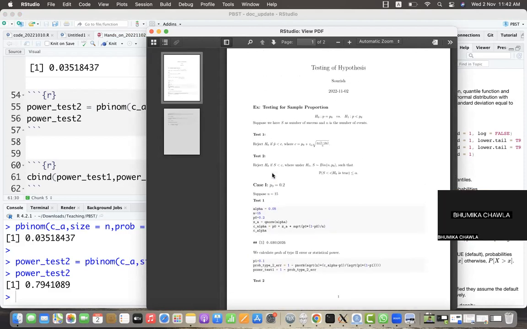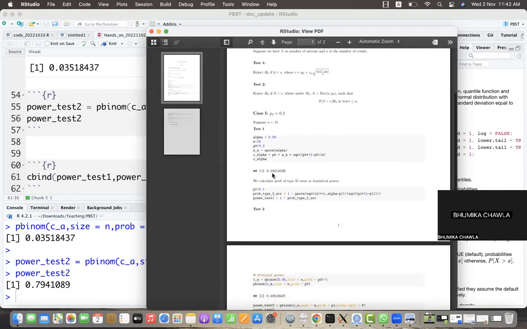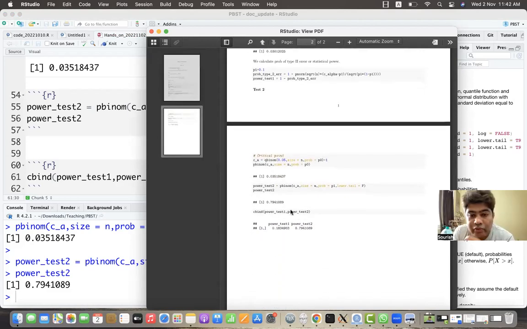So you calculated type 2 error instead of power. Why type 2 error? Because you took the greater than or equal to, and that is the fail to reject. Fail to reject basically means accepting. When do we fail to reject? When S is greater than C, given that P equal to P1.